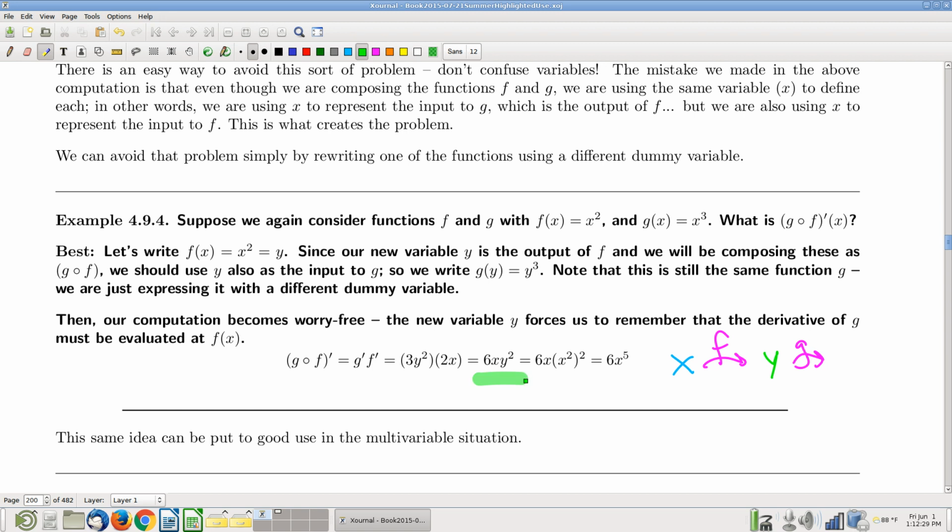Oh, well that's weird. G compose F is a function of x, but my answer has this y in it. What am I going to do about that y? This y, of course, is the output from the f function.